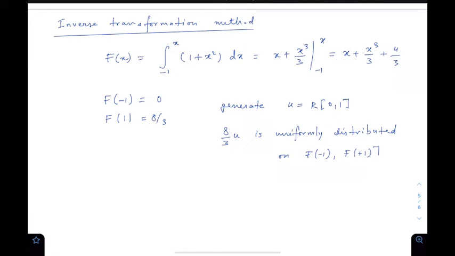The corresponding value of x is a solution of this equation: 8 by 3 u equals F(x).